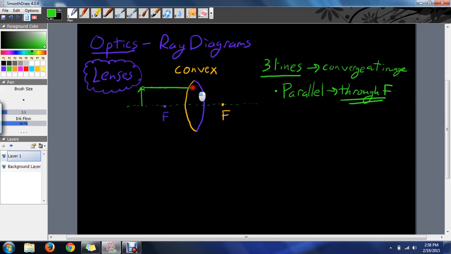So let's draw a straight line in, and then I'll draw a line through the focus. Extending it back, I like the dotted line representing the imaginary, because if these 3 lines converge at the imaginary, remember, if they're virtual, that means they have to connect in the virtual realm. So they have to connect imaginarily.